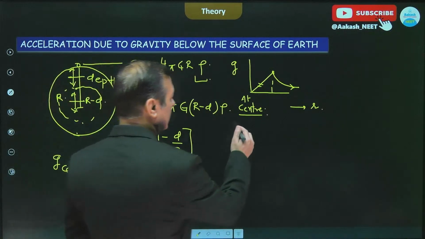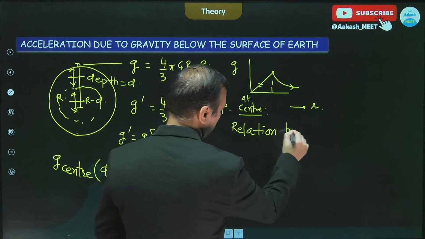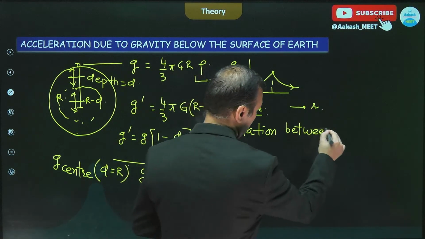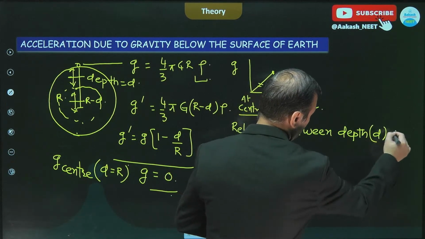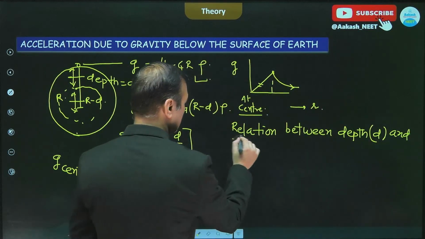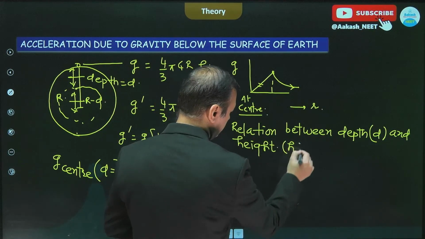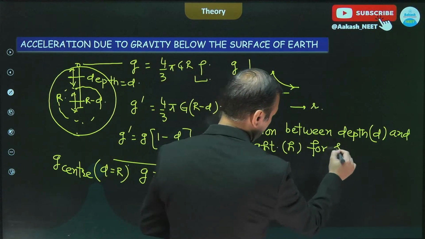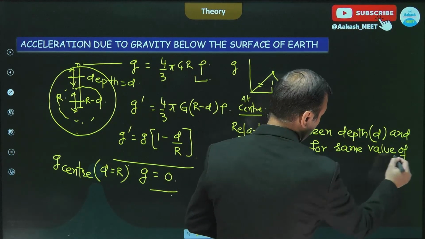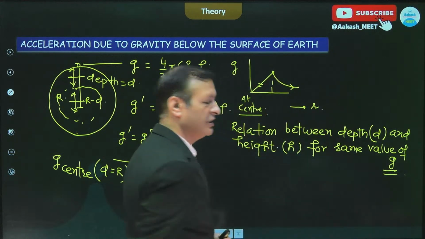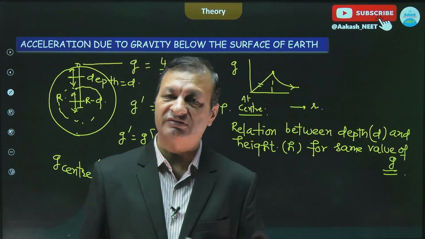Now if I ask you to find out a relation between depth d and height h for the same value of g, and that height is again very small as compared to the size of the Earth.